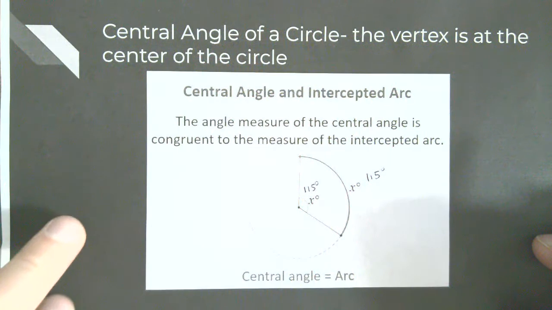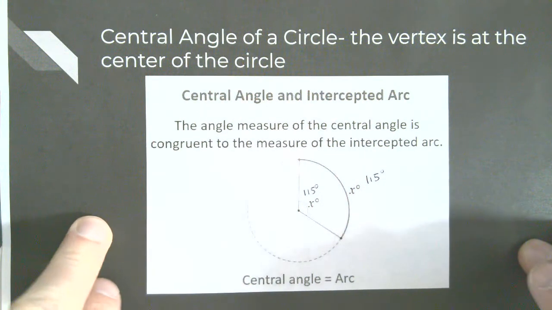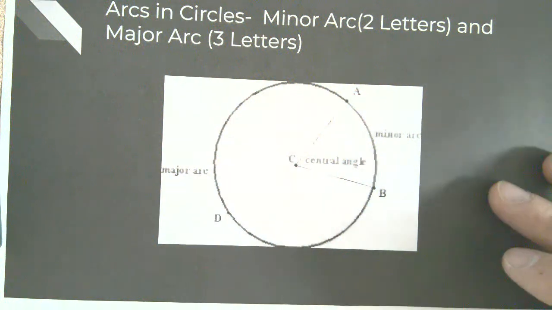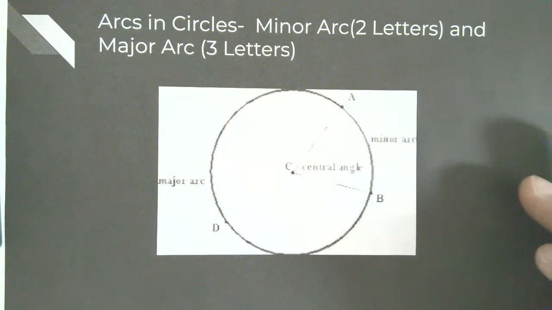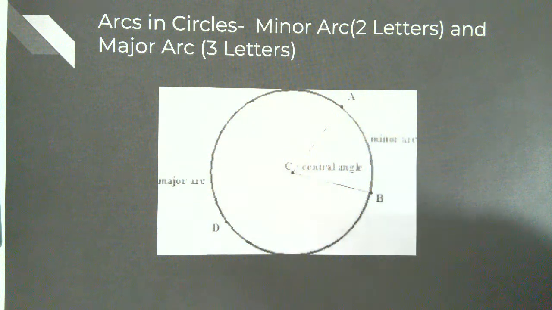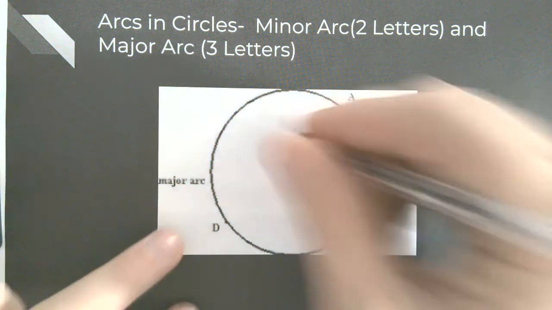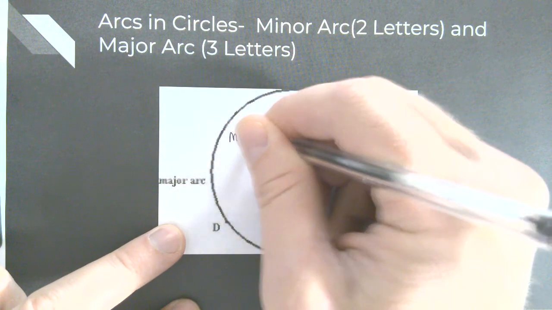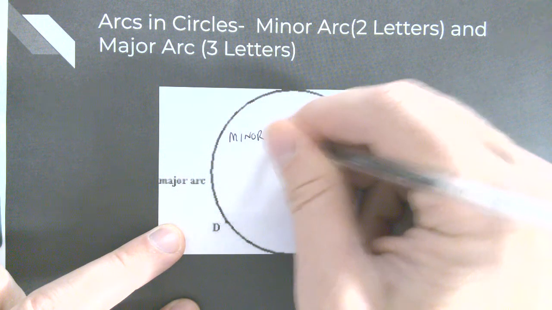Now, the other terminology I want to discuss with you is this idea with an arc. We have what we call a minor arc, and we have what we call a major arc. A minor arc is going to be an arc that is less than 180 degrees.